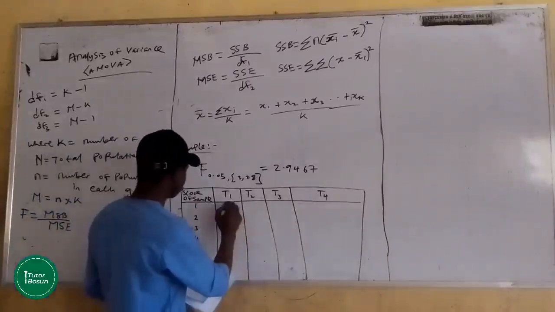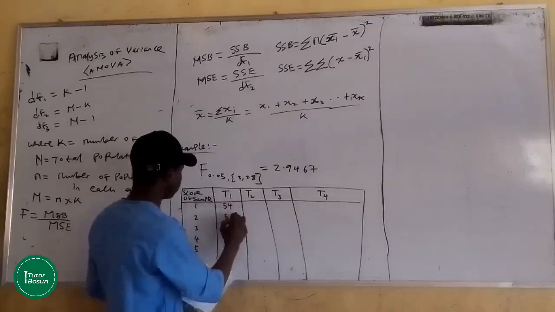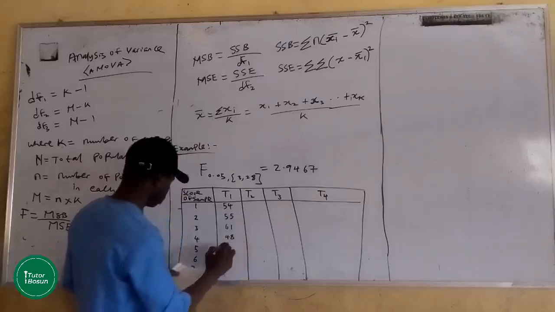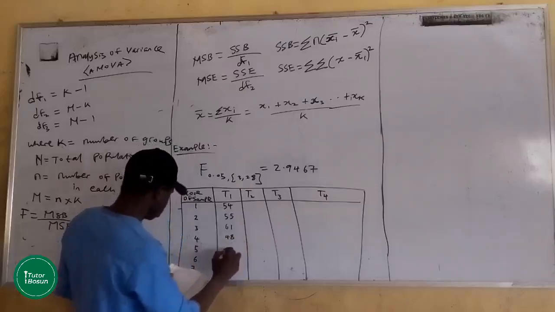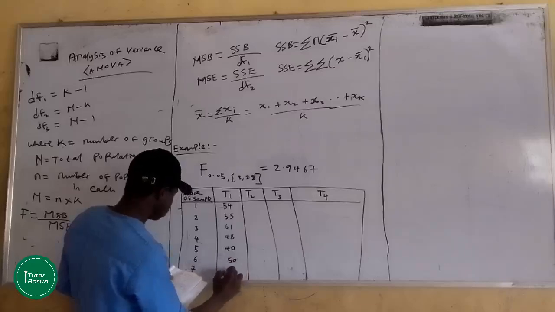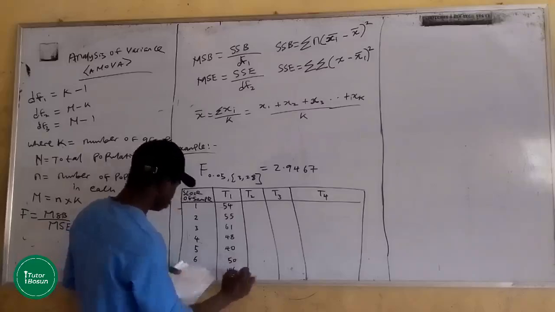And then we have 54, 55, 61, 48, 48. I have 40 here, 50, 46, and the last one is 52.